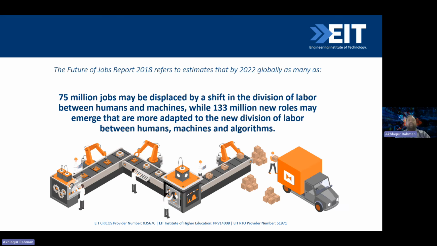In fact, reports from 2018 say that 75 million jobs may be displaced by a shift in the division of labor between humans and machines, while 133 million new roles may emerge that are more adapted to the new division of labor between humans, machines, and algorithms.